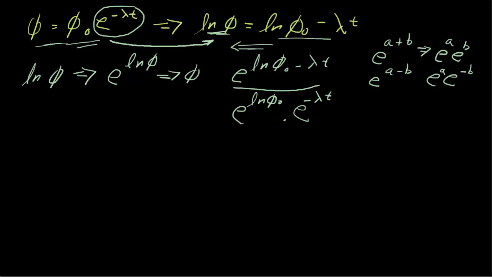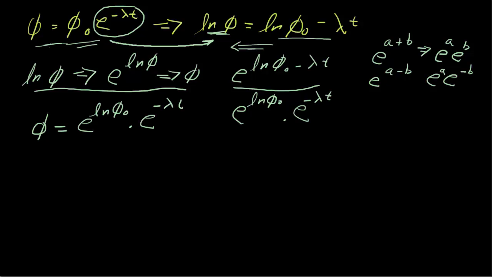So let's write what we have. From the left side of the equation, we have phi. This is equal to e to the natural log of phi 0, the porosity at a depth equals 0, times e to the minus lambda t. And think about this term again. How should we be thinking about this exponent here? This is a constant.